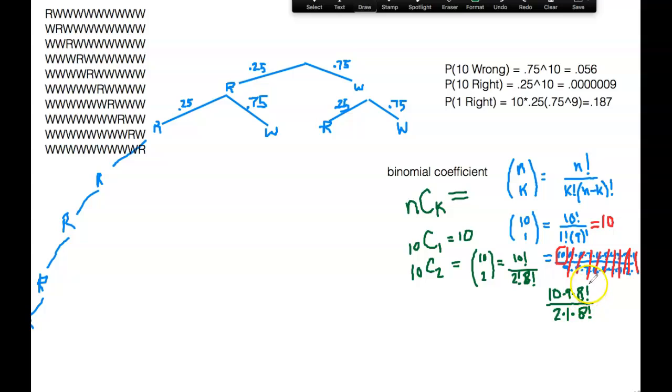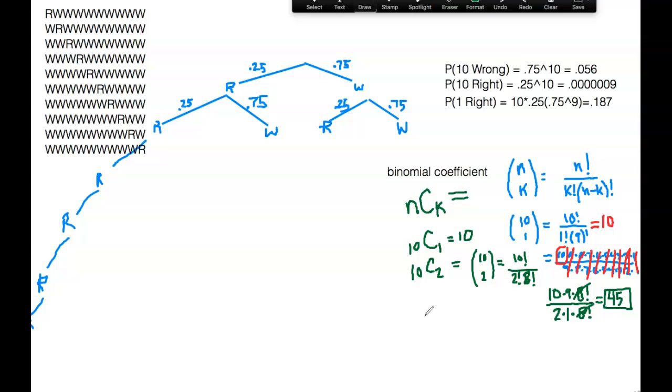Alright, 8 factorials cancel. 10 times 9 divided by 2 is 45. 10C2 is 45. 10C1 is 10.